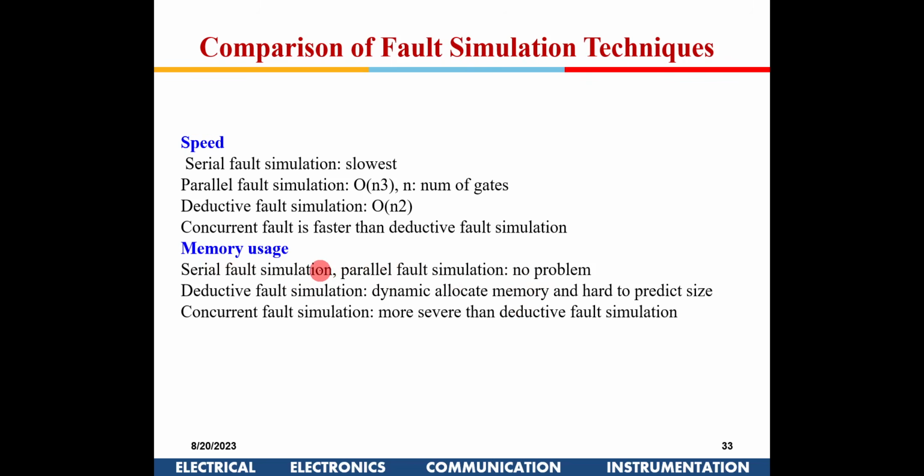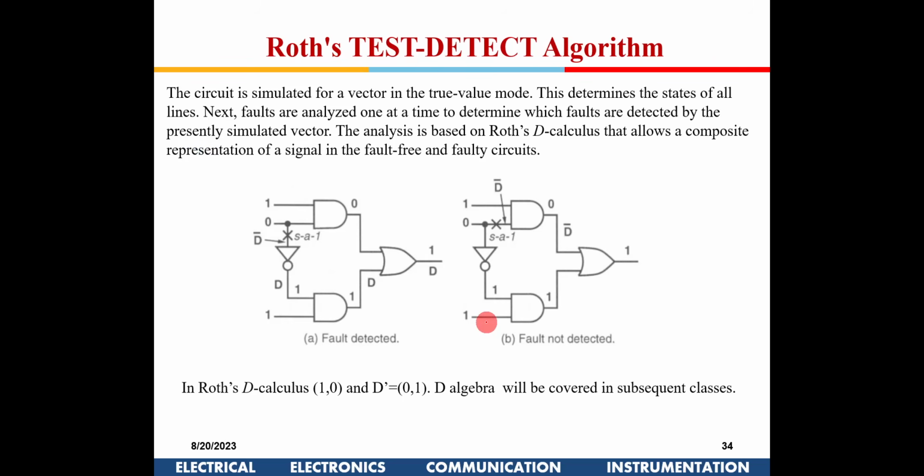There is no memory issue with the serial and the parallel one, but these two algorithms will require larger memory space. We will discuss this in great detail, because at present this is the one which is most widely used.